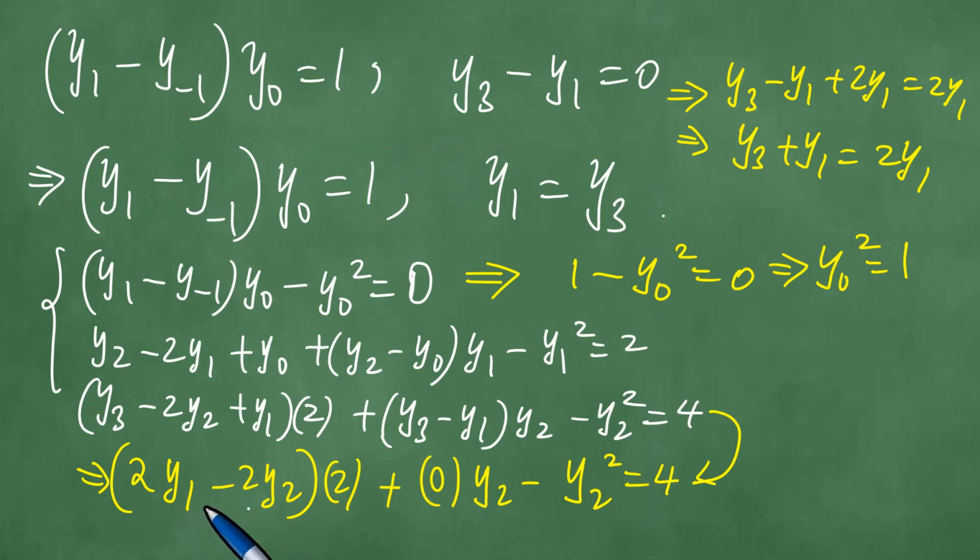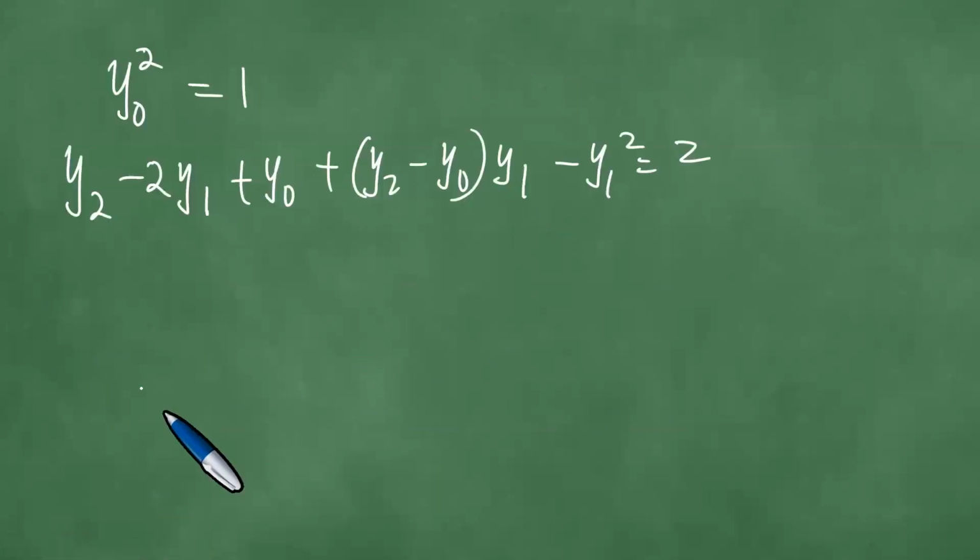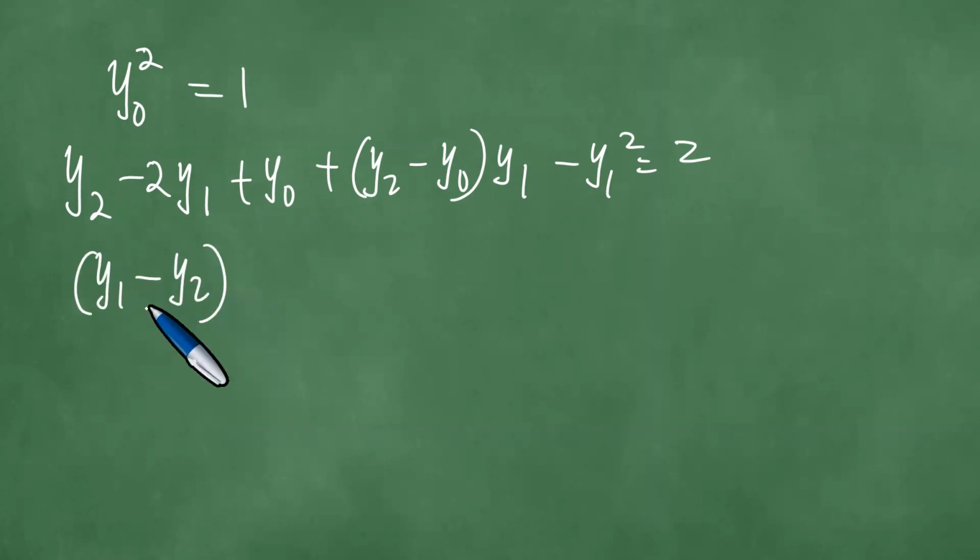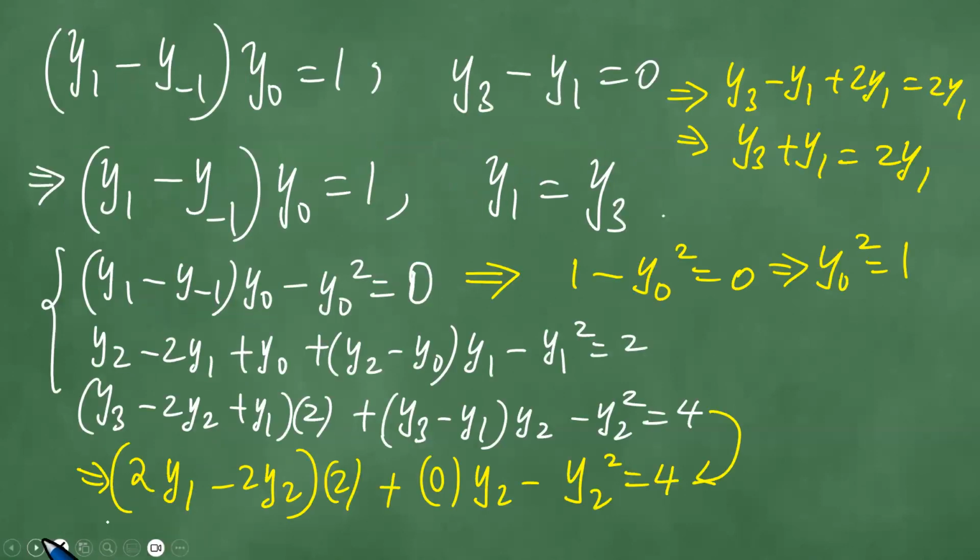You can write it as 2y1 minus 2y2, but you can factor out the 2 because it's the common factor, making it y1 minus y2 with a 4 outside.